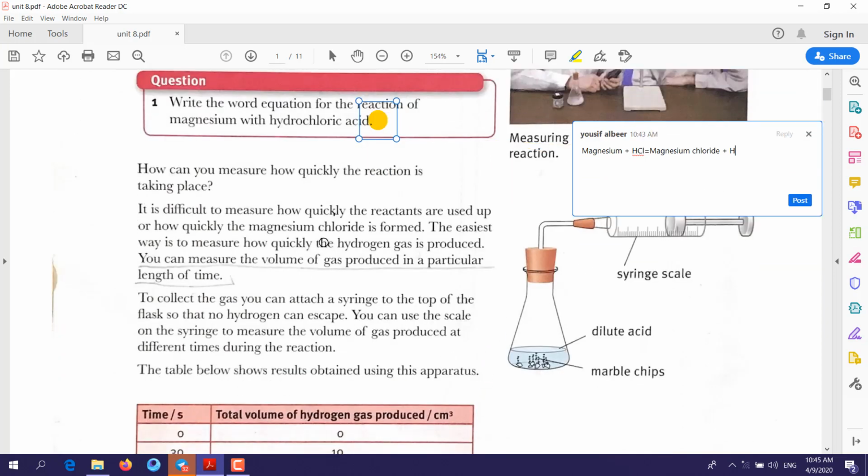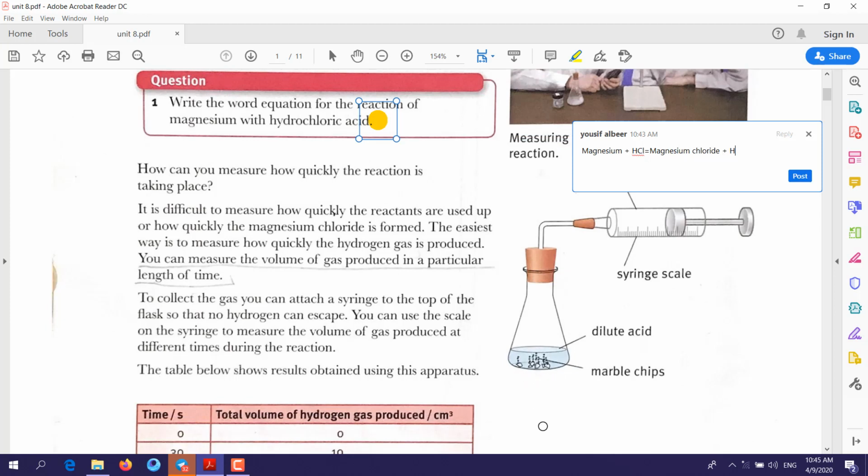In this kind of reaction, how can you measure how quickly the chemical reaction is? You will depend on what we said: either the amount of reactants that react, or the amount of products that has been made. Here, when you do this chemical reaction, bubbles will start forming.